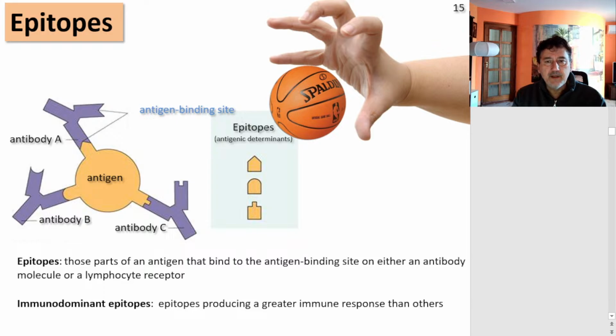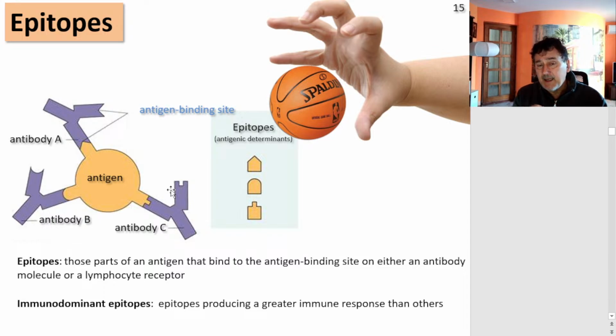Here we can see what the antigens are. The antigens are typically parts of the pathogenic organisms, such as a virus or bacteria. The antigen itself is a complex structure, and it is composed of epitopes. The epitopes are those parts of the antigens which are recognized by the antibodies.